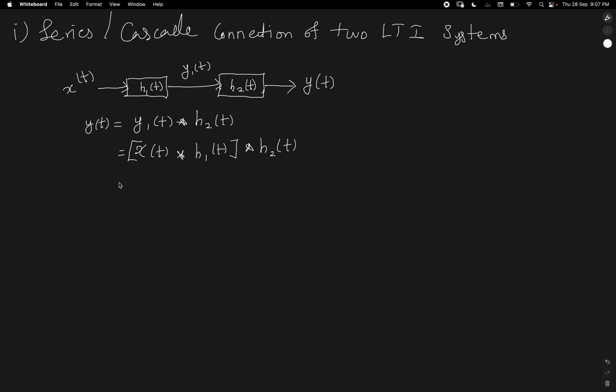So the equation becomes like this. According to the associative law of the convolution, this can be rewritten as x of t convolution h1 of t convolution h2 of t.